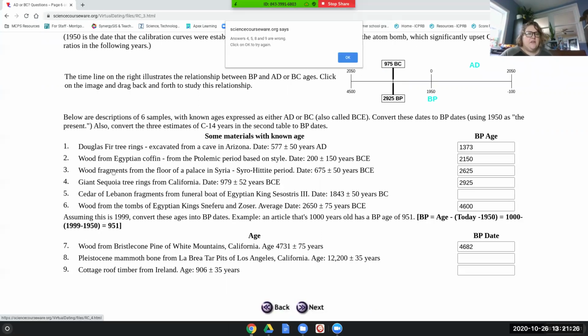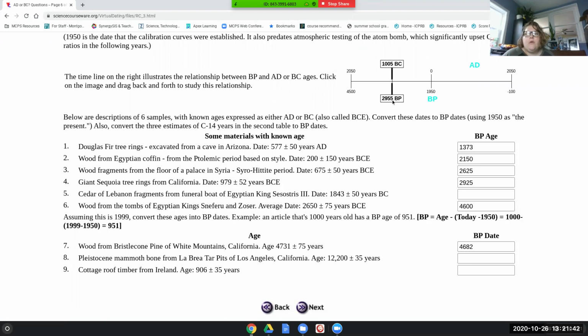And it says 4, 5, 8, and 9 are wrong. Okay. So 79, the number is going up. So I need it to go up by 4. Let's see if it takes that. Now it likes 4.